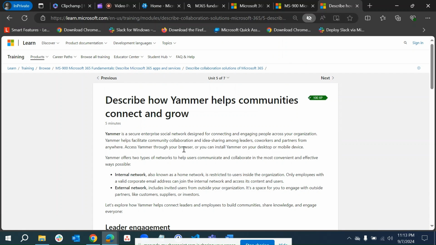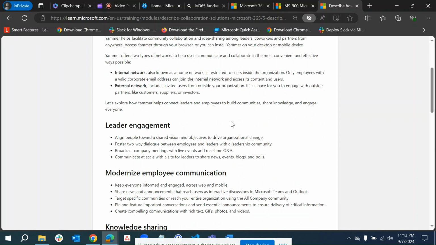Internal would be within the company or within the corporate organization, and the external includes invited outside organization people or external users altogether, and they would be able to communicate and do all their engagements with the company. So it could be customers, suppliers, and investors. All of those can be part of the Viva Engage or Yammer platform altogether.